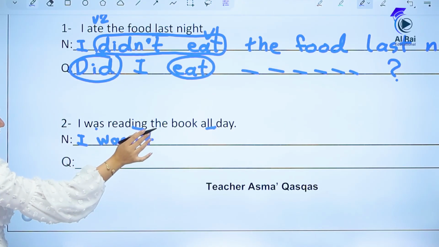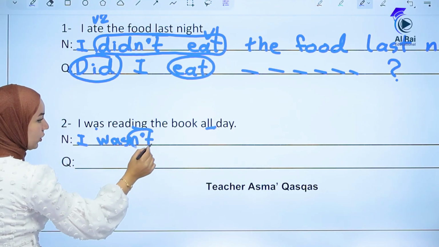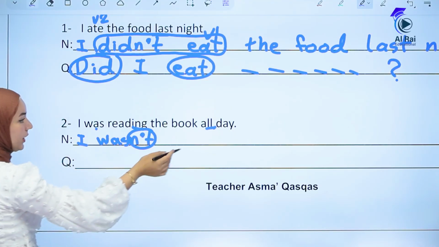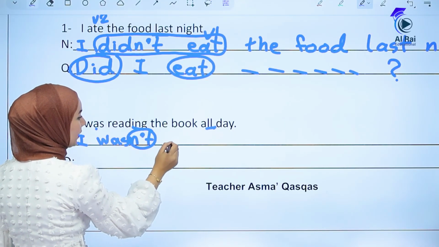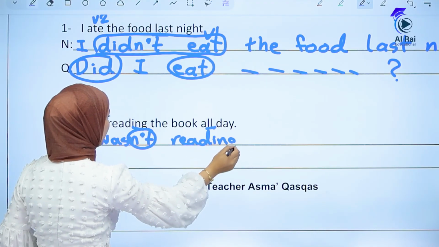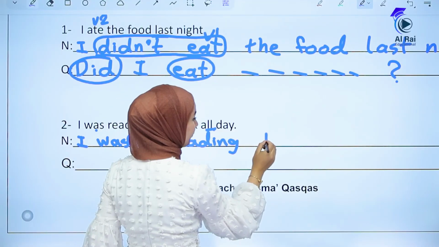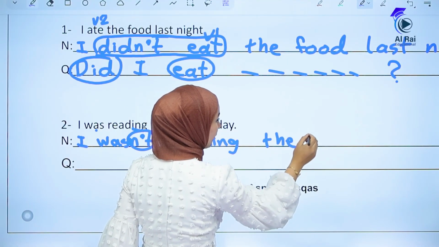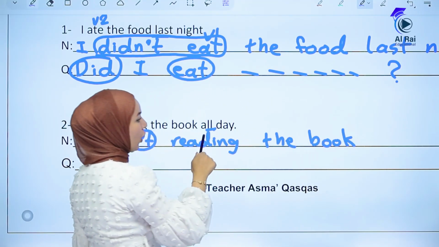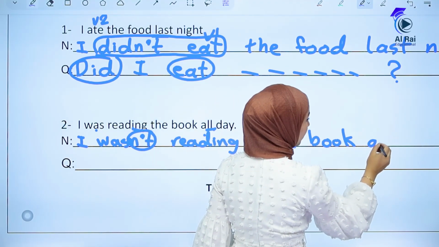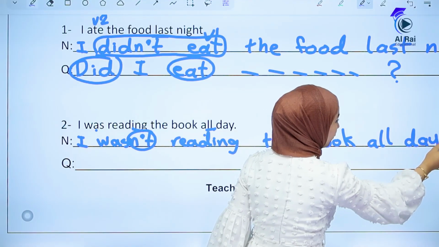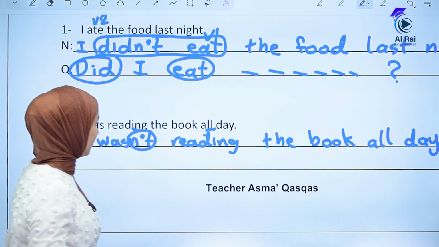Then complete the sentence. Okay, so here I changed only the helping verb from was to wasn't. Then complete. Wasn't reading the book all day. And full stop because it is a sentence.